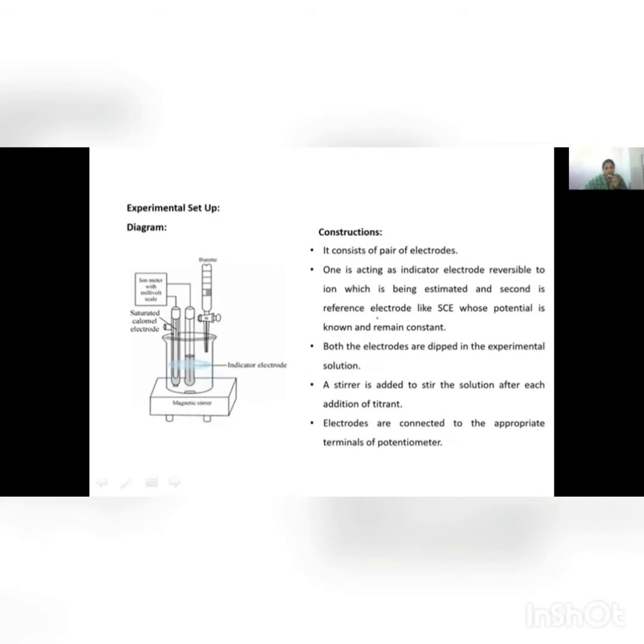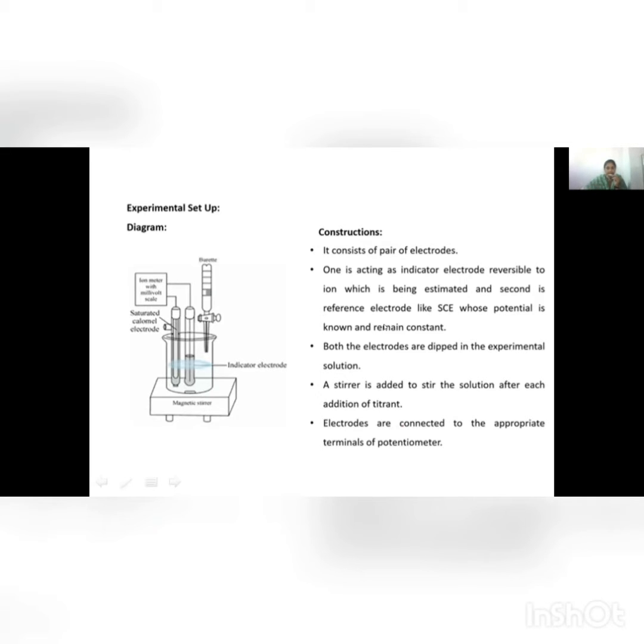This calomel electrode can be used in potentiometric titrations. So let's see the construction for potentiometric titrations. It consists of a pair of electrodes. Generally, we know the calomel electrode and the hydrogen electrode, and one acts as the indicator electrode and the second one is a reference electrode. Both the electrodes are dipped in the experimental solution.